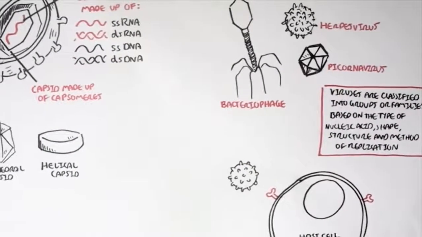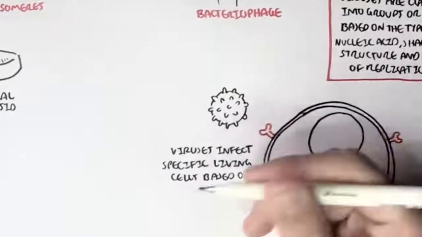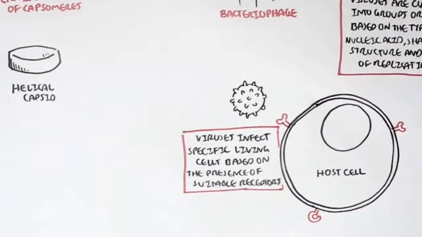Viruses also infect specific living cells based on the presence of suitable receptors. An example of this is the HIV virus, which only infects the T helper cells, because the HIV virulence factors complement, basically, it can attach to the T helper cell's so-called CD4 receptor.